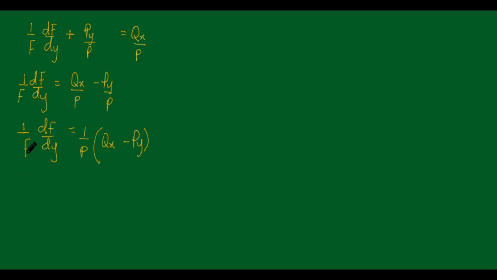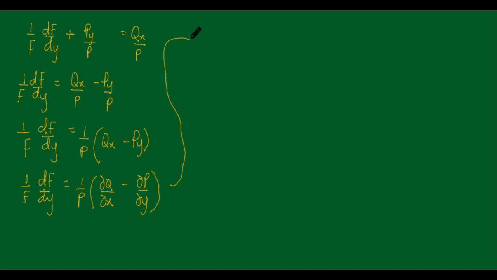So we can write this in the expanded form as 1 over f df dy be equal to 1 over p multiplied by the partial derivative of q with respect to x, which is q subscript x, minus the partial derivative of p with respect to y, which is p subscript y. So we can now rewrite this as 1 over f df dy.